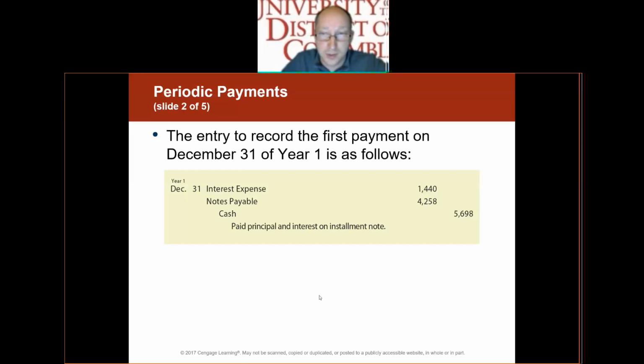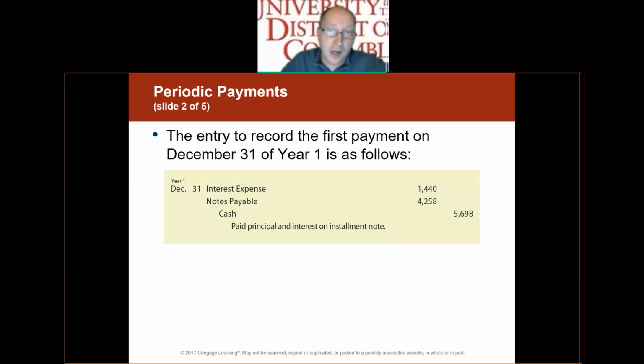So we said earlier that we're going to pay $5,698 per year for 5 years. That means that we have an interest expense of $1,440 and the note payable, which is the principal payment, of $4,258. So we debit interest expense, we debit notes payable, we credit cash, $5,698.